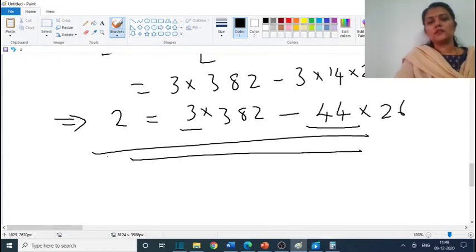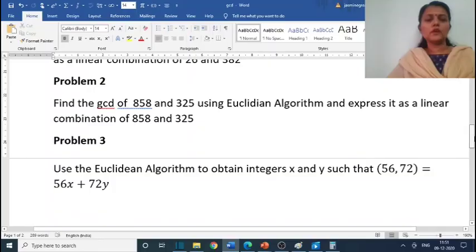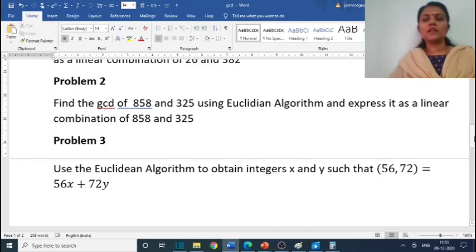Now you do problems 2 and 3. Find the GCD of 858 and 325 using the Euclidean algorithm and express it as a linear combination of 858 and 325. And use the Euclidean algorithm to obtain integers x and y such that the GCD of 56 and 72 is equal to 56x plus 72y. These two problems are an exercise.